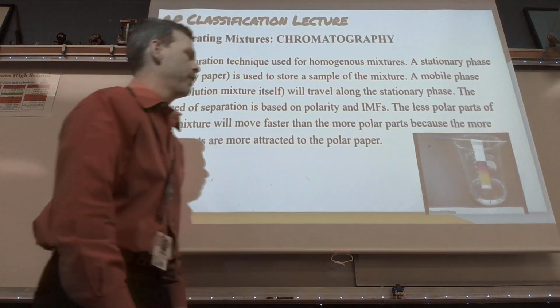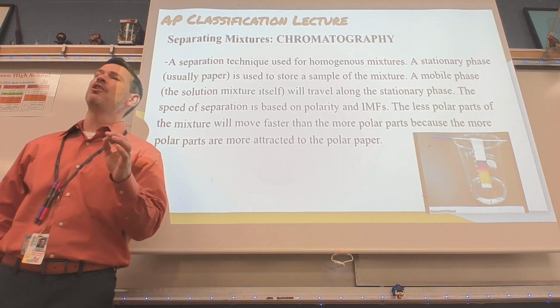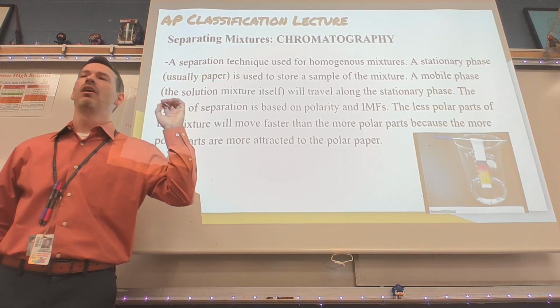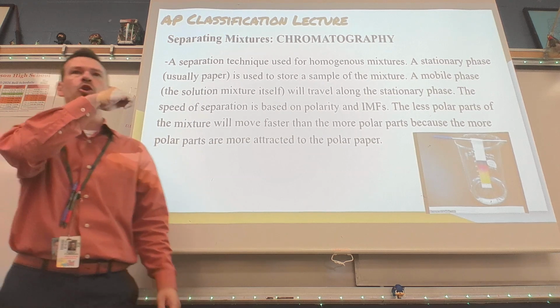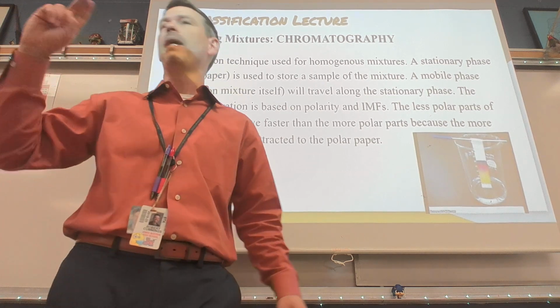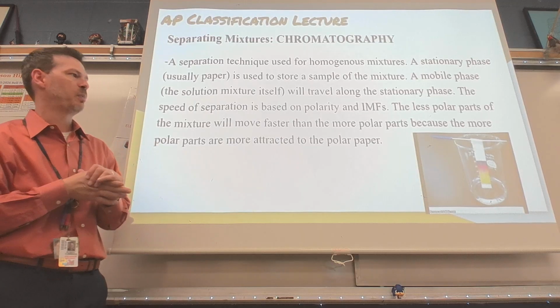Finally, chromatography. This is the only one that is used for homogeneous only. So that's an important thing. We're going to do chromatography not in this upcoming lab, but in the lab in Unit 2 as part of a series of experiments.